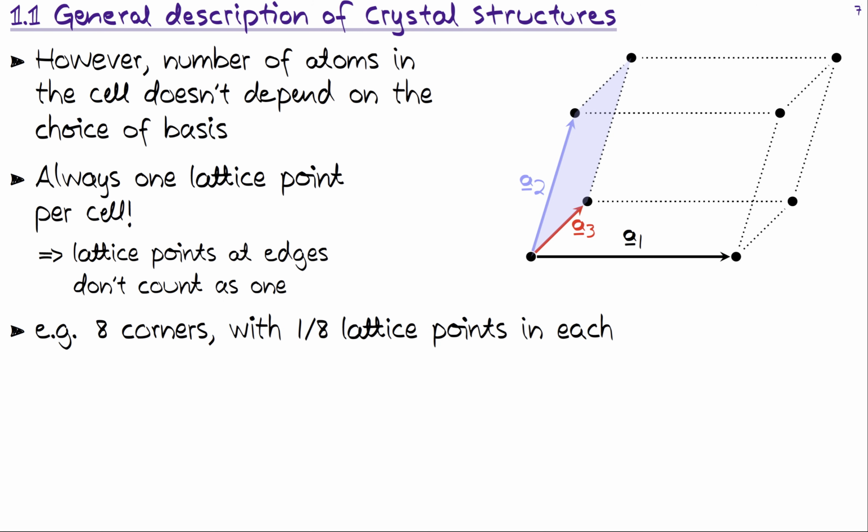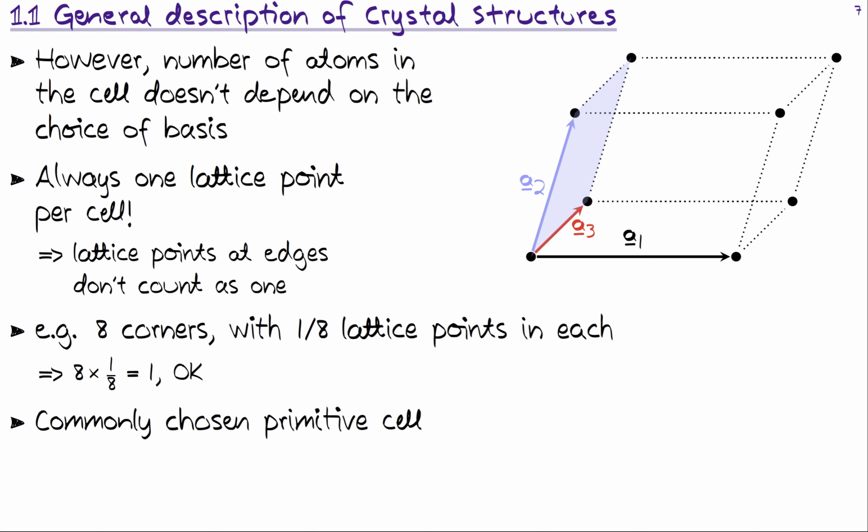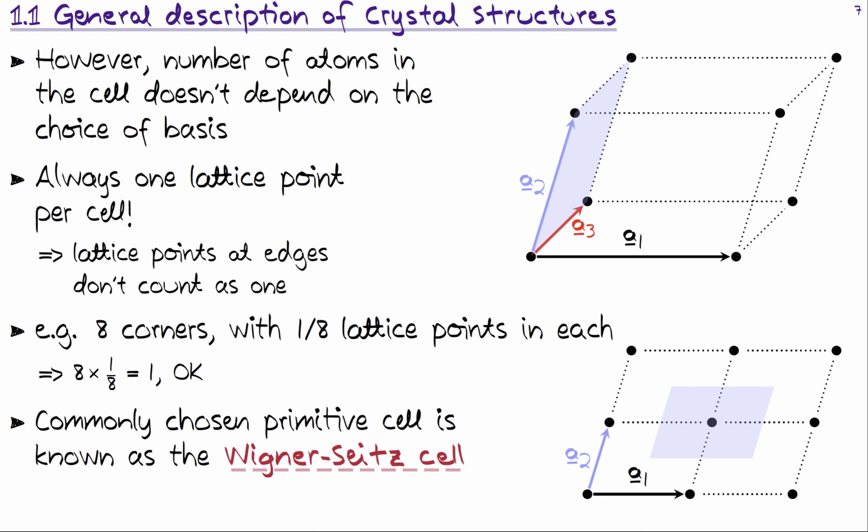For example, here we have 8 corners, and we have 1/8 of a lattice point in each of those corners. When we multiply, we get unity, so this is okay. We only have a single lattice point per primitive cell. A commonly chosen primitive cell is known as a Wigner-Seitz cell. Graphically, in 2D, that's what a Wigner-Seitz cell looks like.